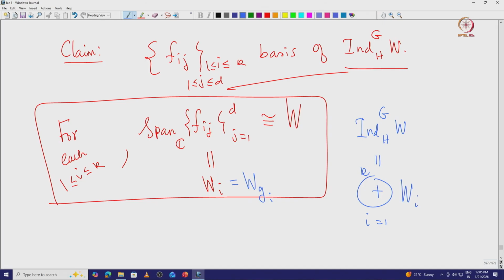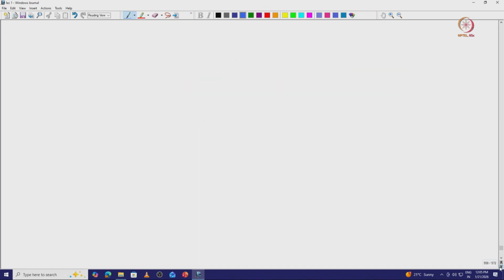From this it is clear what we are actually talking about. Maybe I can give another definition of this W_i. Observe that this W_{g_i} consists of those functions in the induced space such that the values of the function outside this coset h g_i are 0.